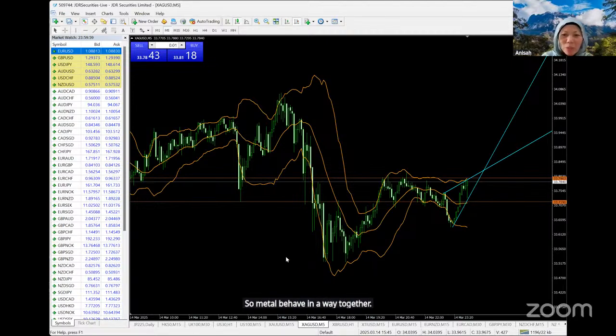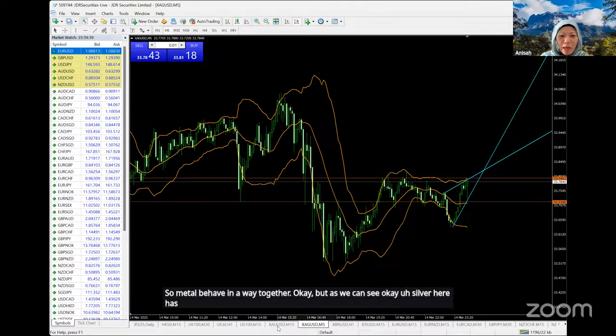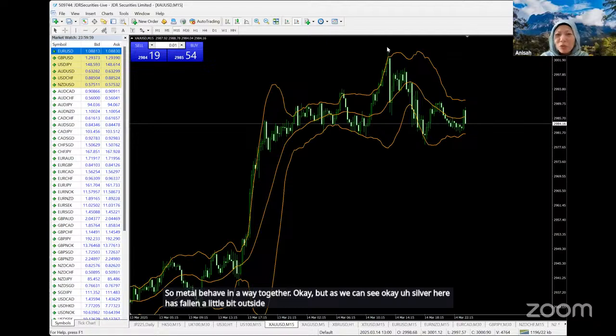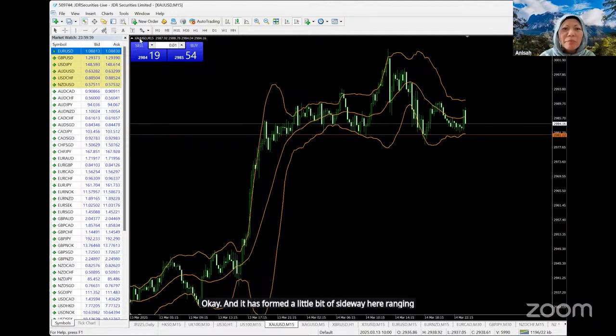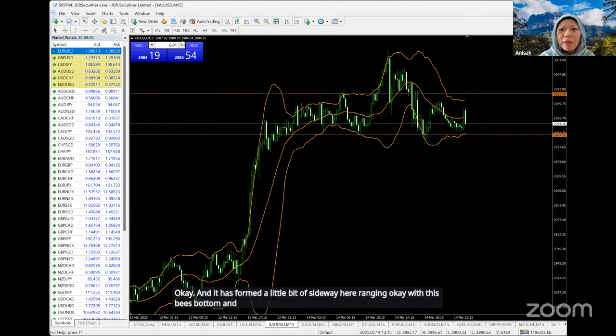But as we can see, silver here has formed a little bit of sideways, and gold broke out 3,000 last Friday. It has formed a little bit of sideways here, ranging, with this base, bottom, and this top, and this is the bigger 3,000 level.